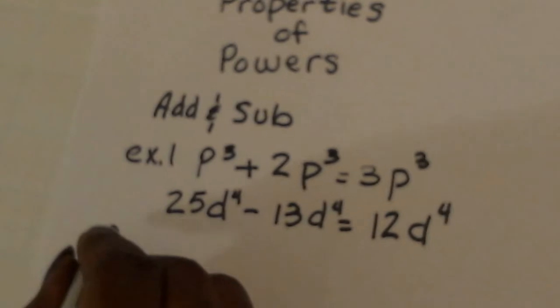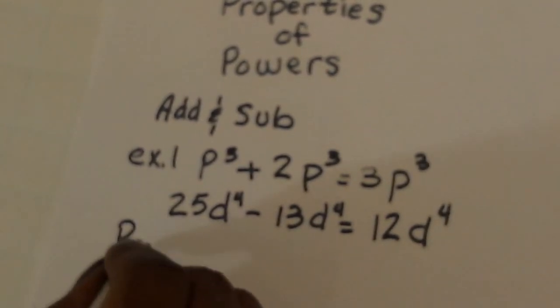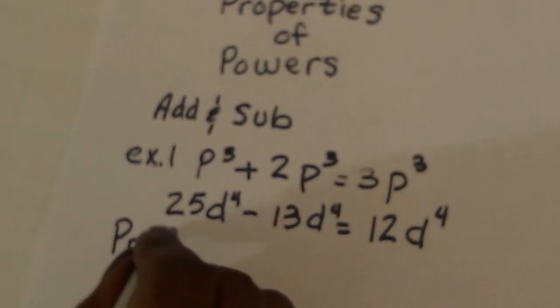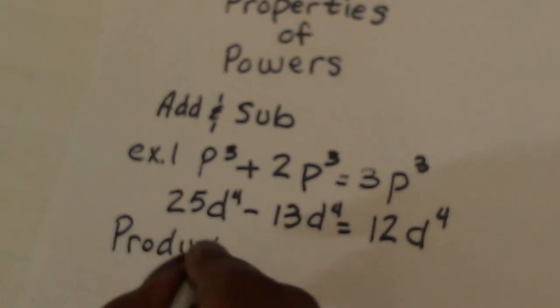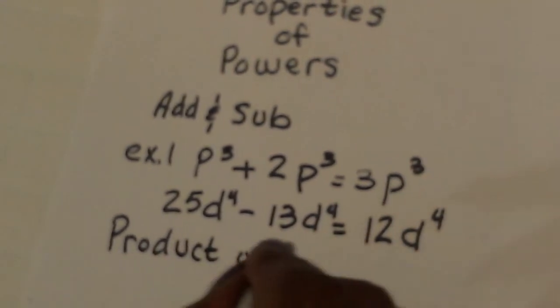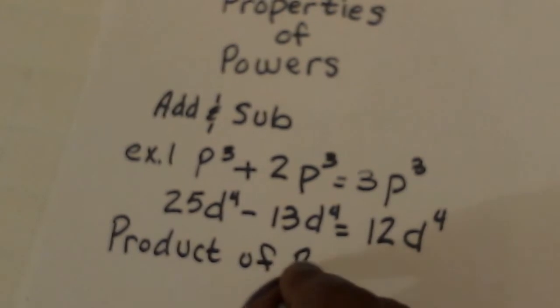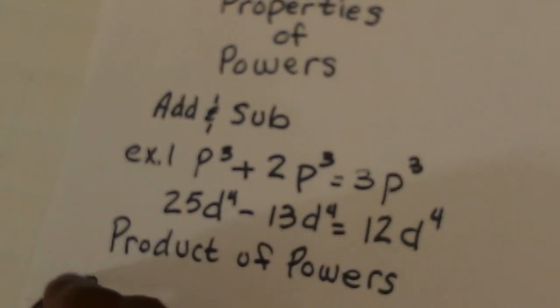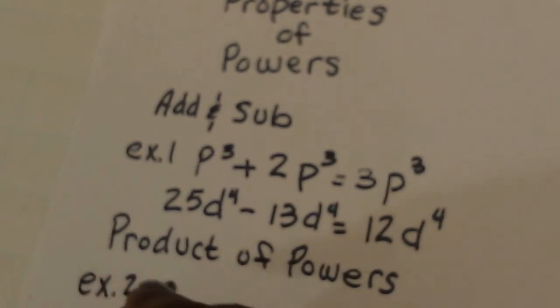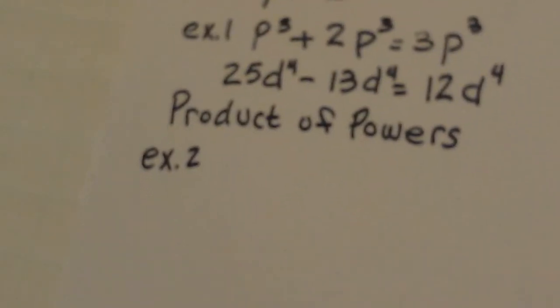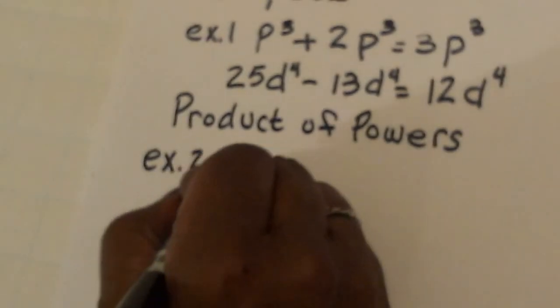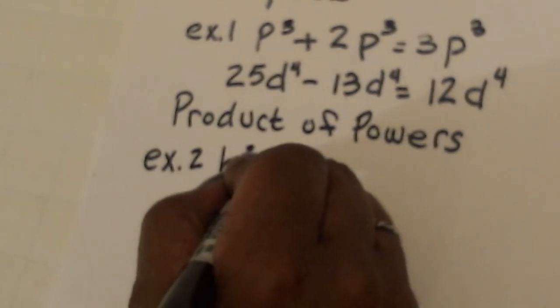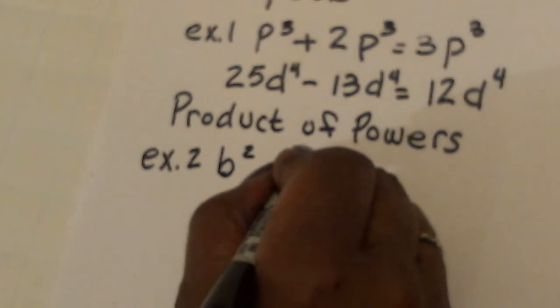Now the next thing that we're going to do is called the product of a power. Product because we're going to multiply. So example 2, I have b to the second power times b to the fourth power.